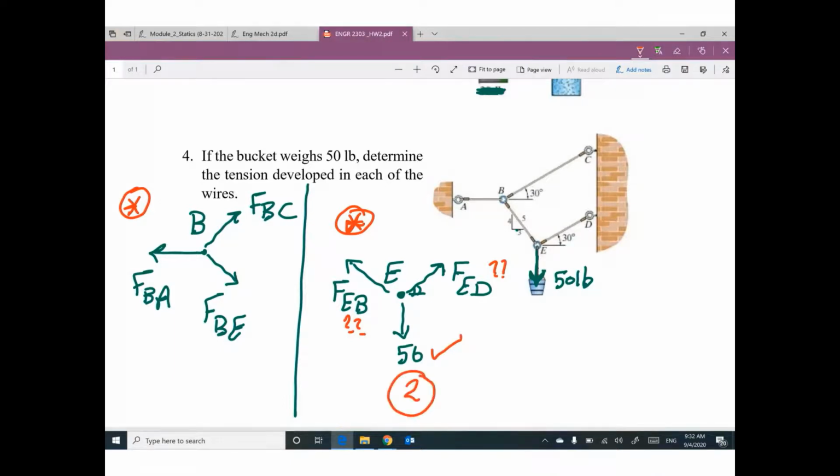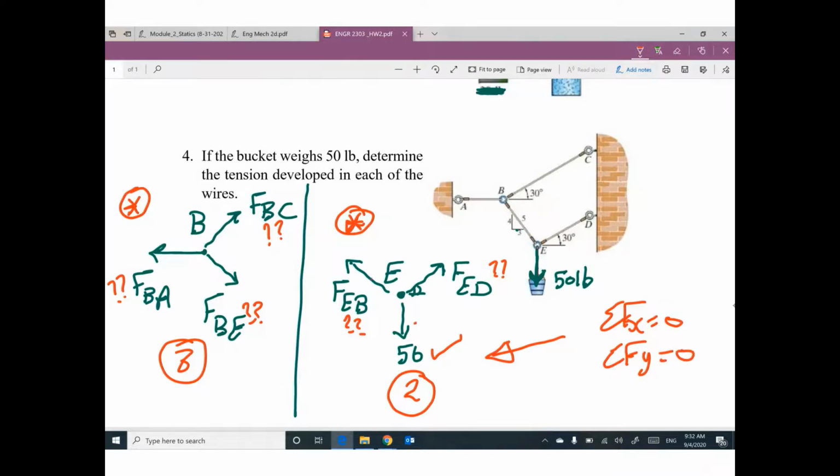Here we have three unknowns. So I'm going to start with this particle, apply summation f of x equals 0, summation f of y equals 0, and get your values. Remember, this force, which you called FEB, will be the same as this one, FBE.